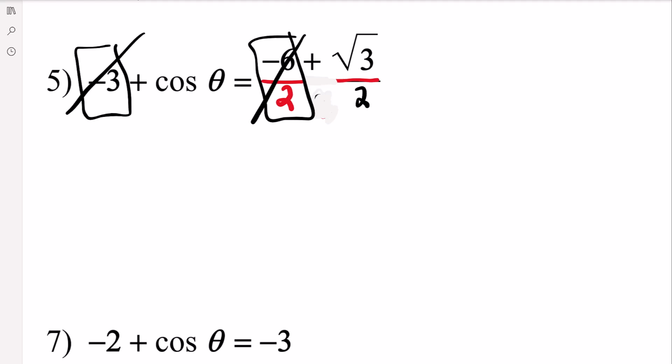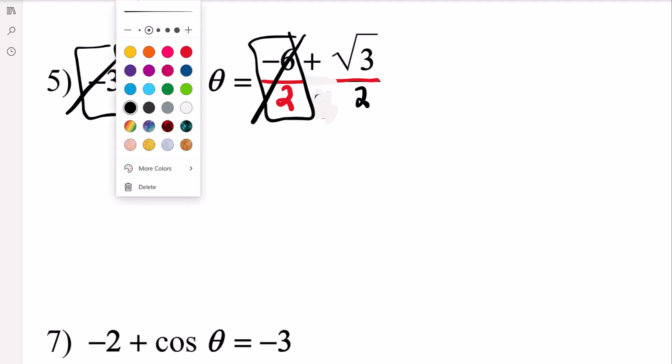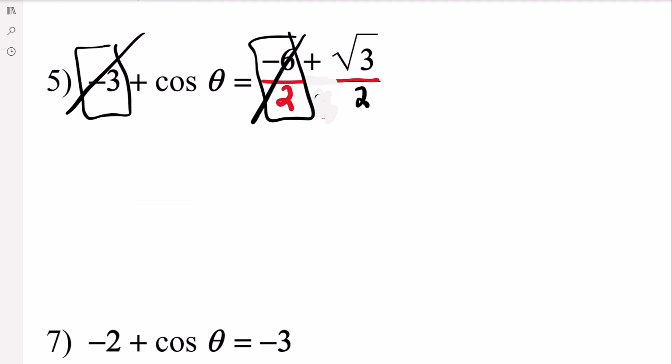So those two just cancel each other out. See, we didn't have to do the distributive. We didn't have to do any of that. All we had to do is think about them separately. And this number and this number were the same on each side of the equal, so they canceled each other out. So all we have left is cosine.